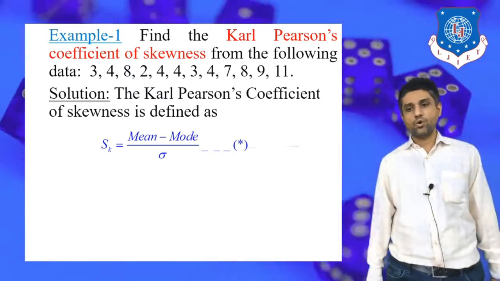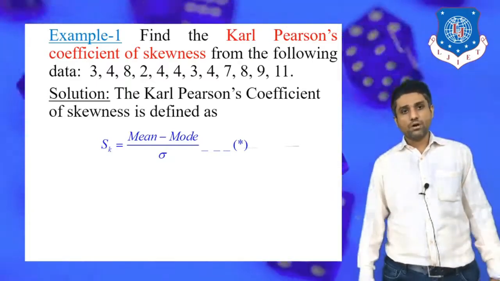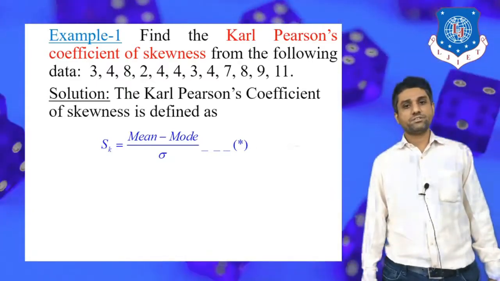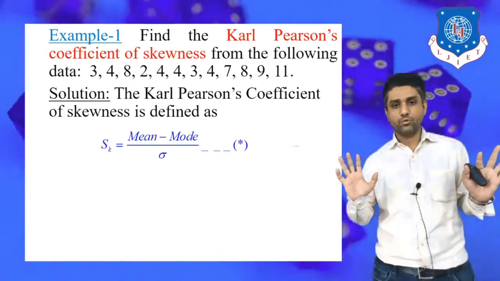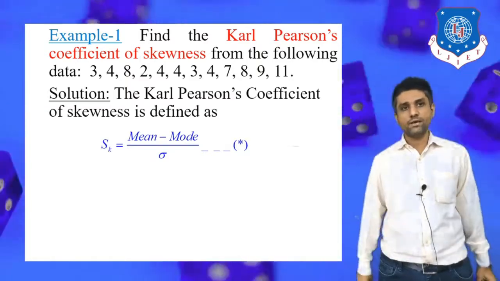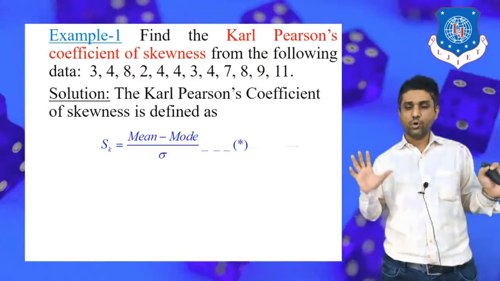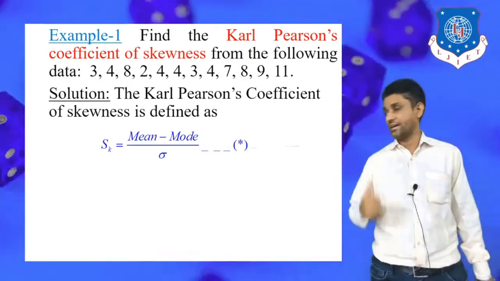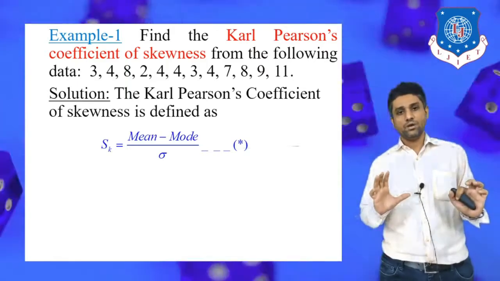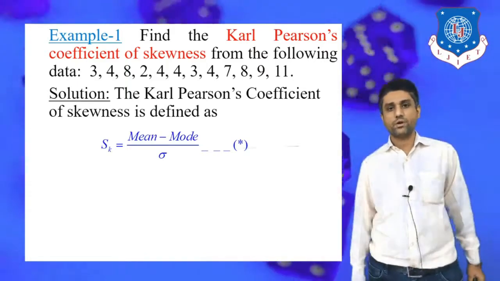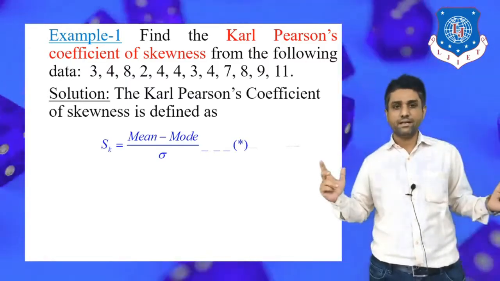It is defined as Sk equal to mean minus mode upon sigma, where sigma refers to the standard deviation. In other words, the coefficient of skewness is expressed in terms of the measures of central tendency, that is mean, mode and standard deviation. So to work with it, ultimately we have to find all these measures.